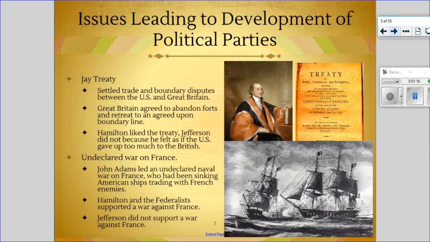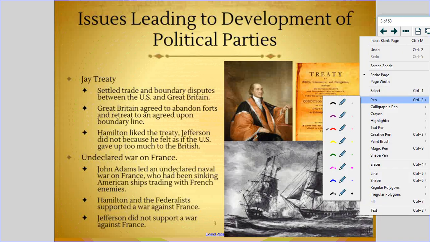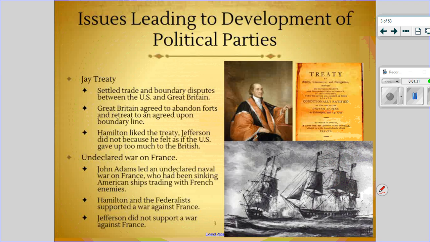Another issue is a foreign policy issue, and this is the Jay Treaty. The Jay Treaty was with Britain. Something that you're going to see is the Federalists tend to be a little pro-British. They represent bankers and business interests in the Northeast that do a lot of business with Britain, so they're kind of friendly with the British.